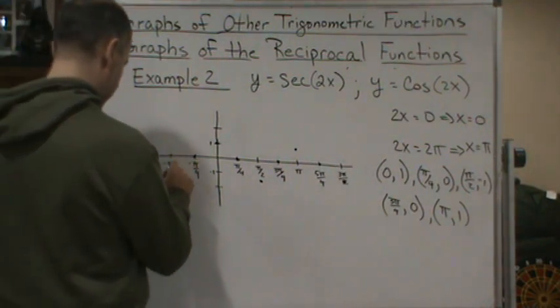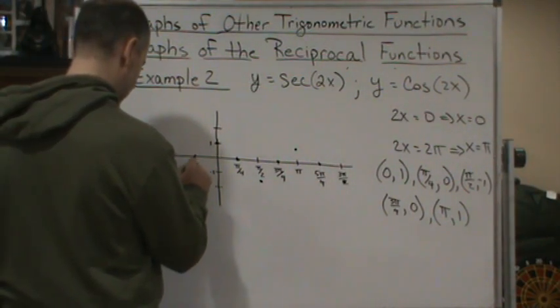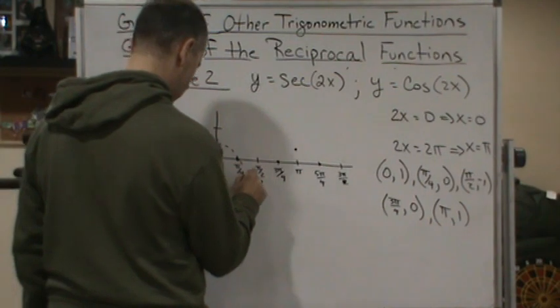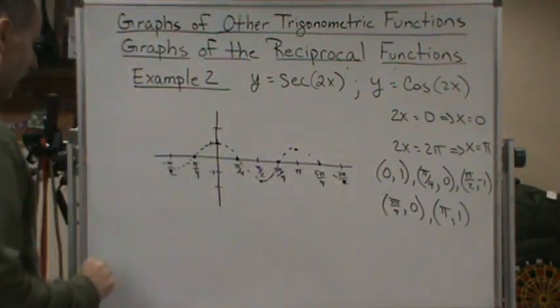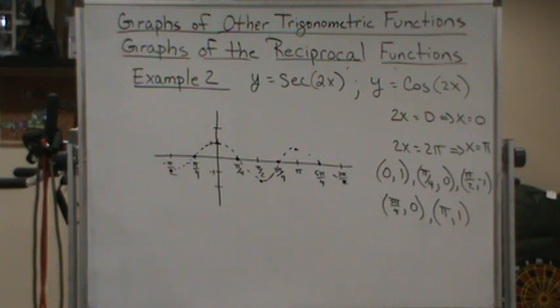So again, I'm going to just connect these with a dotted line. Okay, and now, everywhere where cosine intersects the x-axis, there's an asymptote, because that's where secant is 0.